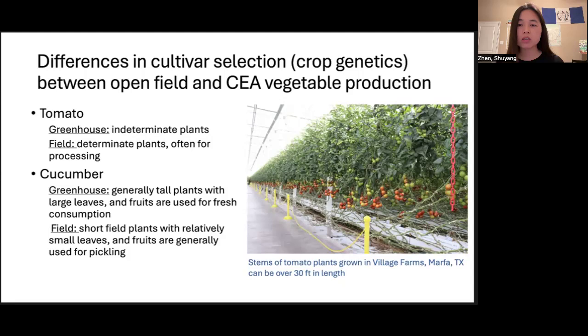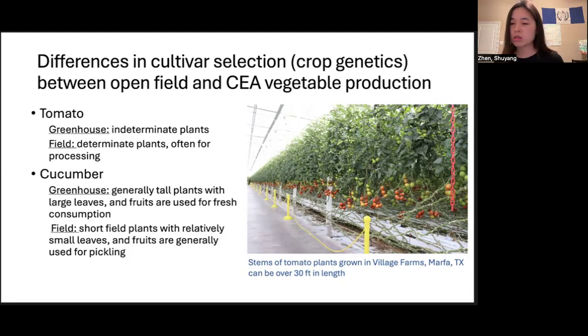For example, indeterminate tomato varieties are typically used in greenhouse production. Indeterminate simply means the plants continue growing taller and producing flowers and fruits more gradually over a longer period.